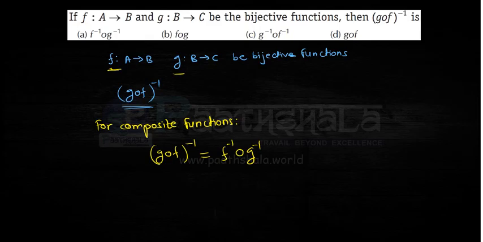This means that to find the inverse of a composite function, we reverse the order of functions and find the inverse of each one individually. So in this case, (g∘f) inverse equals f inverse of g inverse.